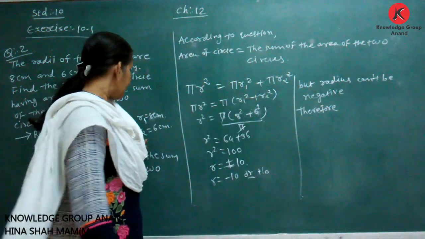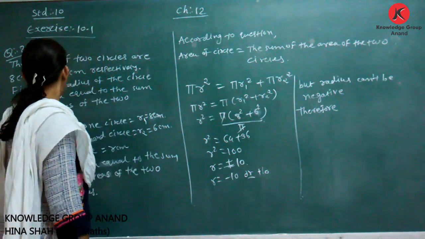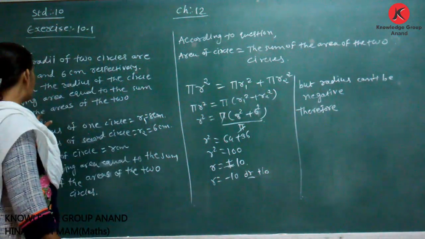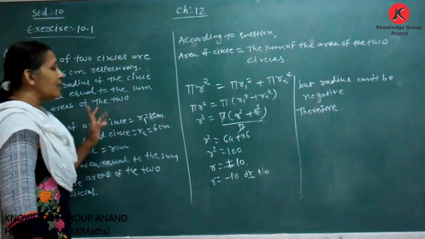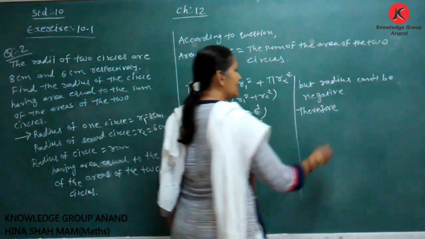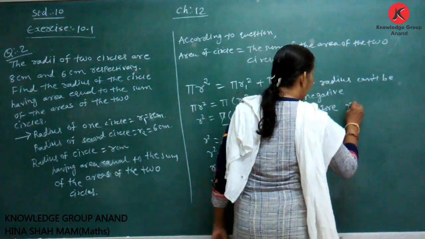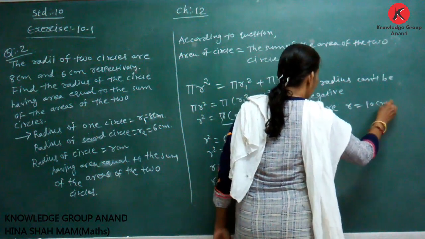Therefore, the radius of the circle having area equal to the sum of the areas of the two circles is equal to 10 centimeter. Therefore, R is equal to 10 centimeter.